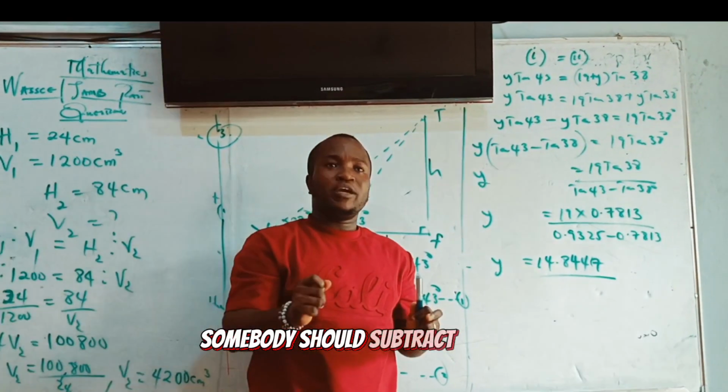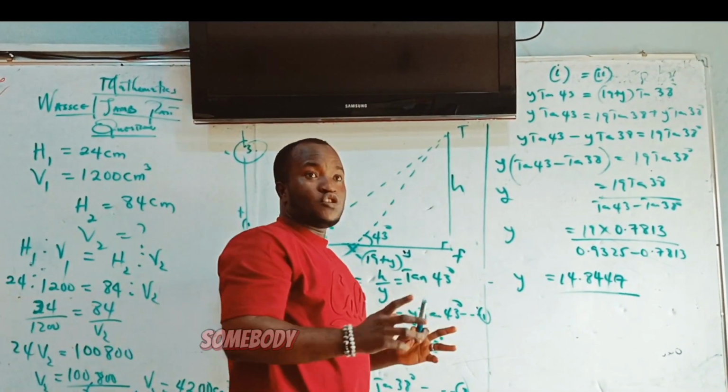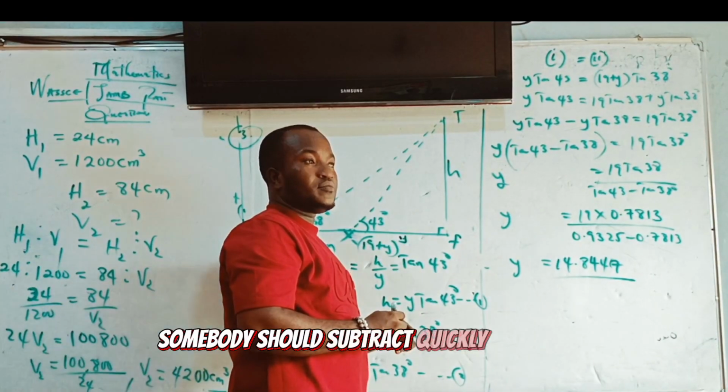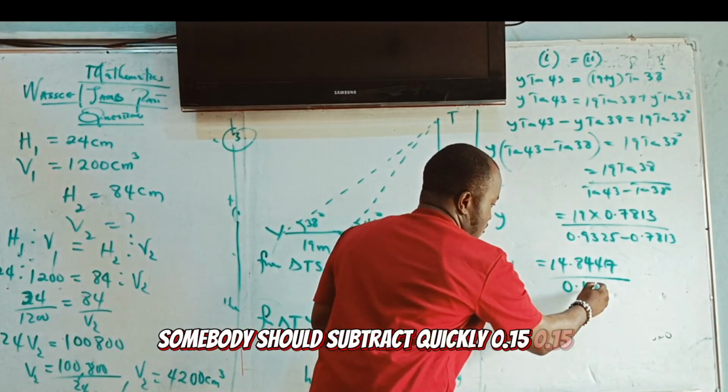Somebody should subtract quickly: 0.9325 minus 0.7813 is 0.1512.